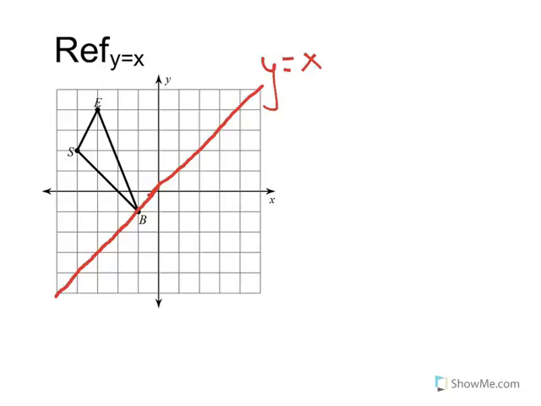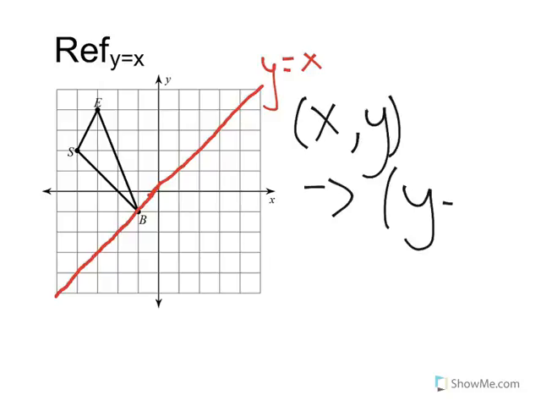So if you folded that, like if you had a piece of paper and you folded it at that line, you would want that reflected shape. So our rule for reflecting across the line y equals x is if you have x, y, it will become y, x.